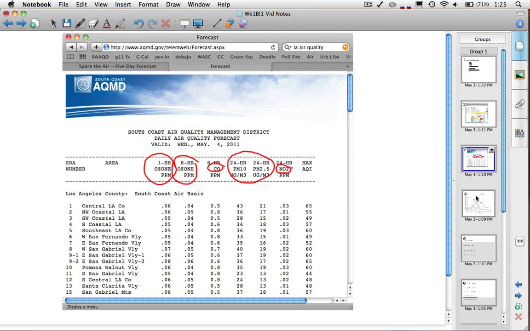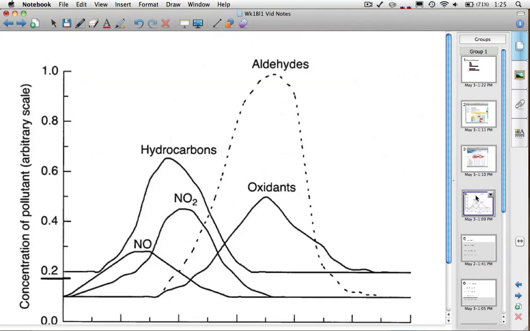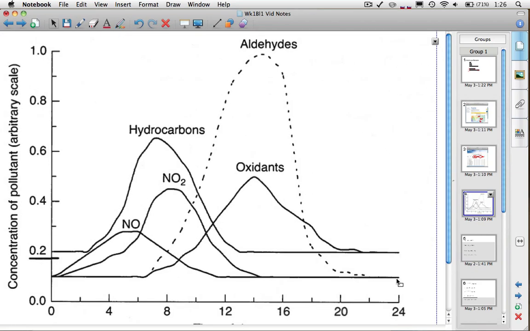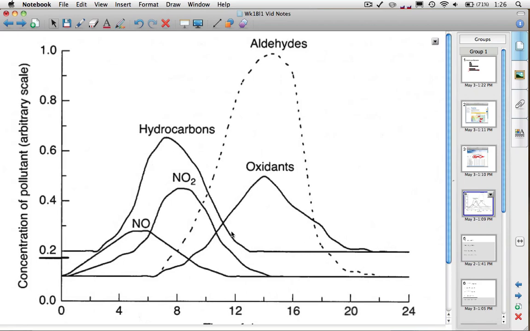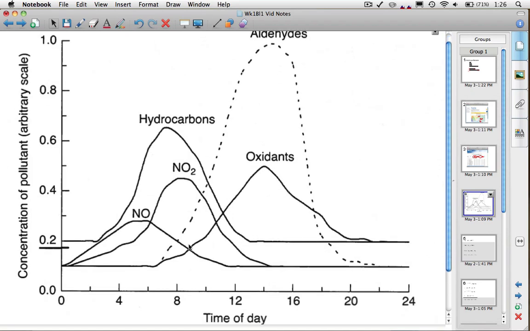And then last thing I want to show you, this is data showing the concentrations of these different pollutants over time, basically. So we're looking at some arbitrary scale of the pollutant measured over the time of day. So you can see initially we start off with no or almost no pollutants.